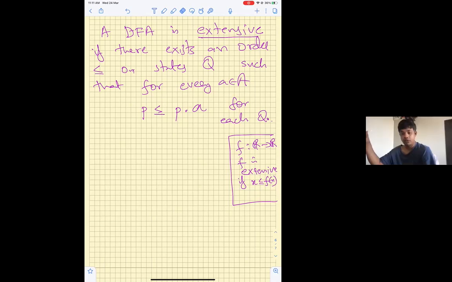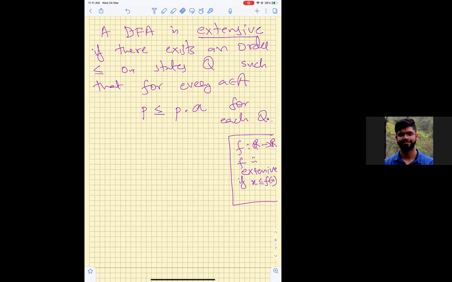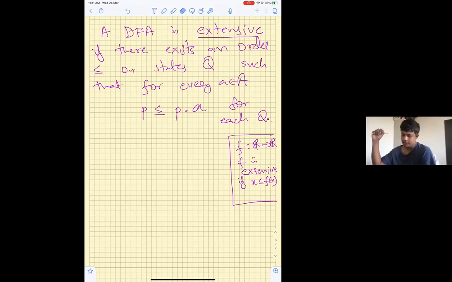Yeah, but we are talking about partial orders. If you have two distinct states, then they should be different. Partial orders are in particular anti-symmetric. So you cannot have p less than or equal to q and q less than or equal to p. Oh, right. Okay, so that is what an extensive DFA is.